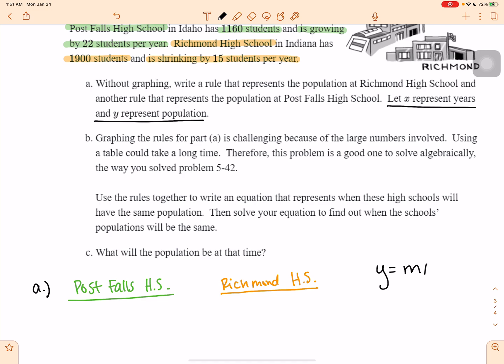Y equals mx plus b, where m is your growth, or what we can call rate of change, because sometimes you're not growing. Like with the Richmond High School, they're actually decreasing, not growing. Growth or rate of change. So it might just be a rate that is changing. B is your starting point, or the starting amount. Okay? So that's important to know.